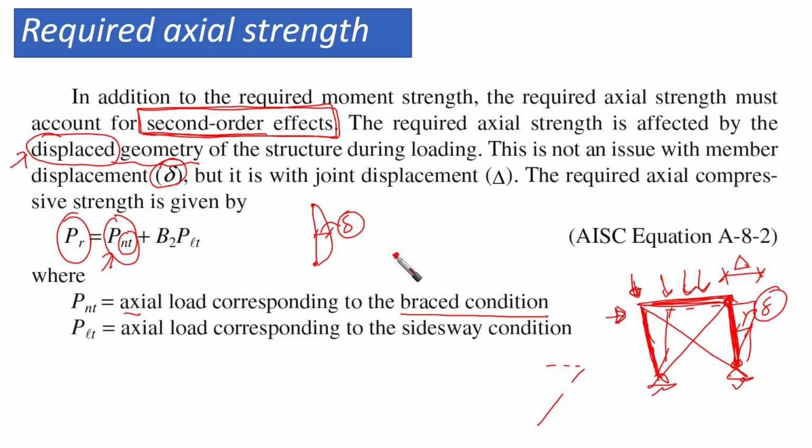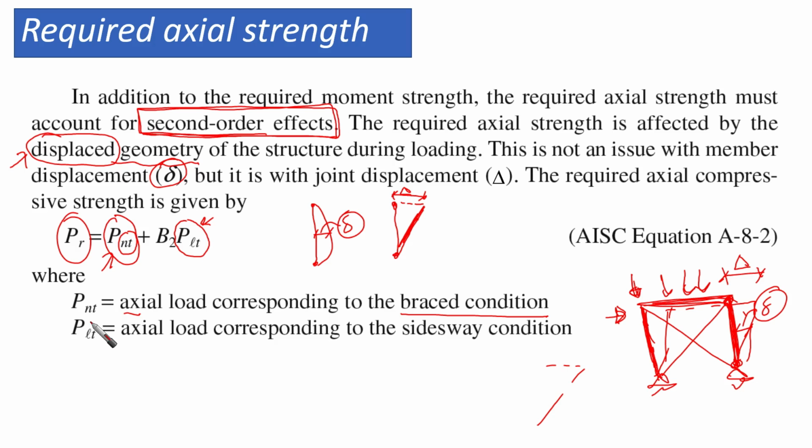However, if the element is going to move laterally, with one end of the element moving laterally, this delta is going to have an effect on the required axial strength. So we need to amplify P, which is the axial load corresponding to the sidesway condition. Again, remember, it is axial load, not lateral load.